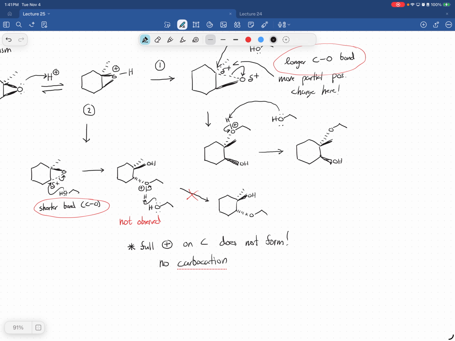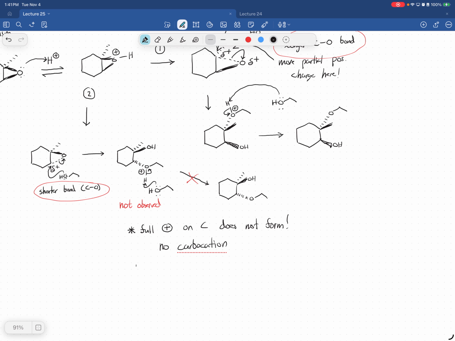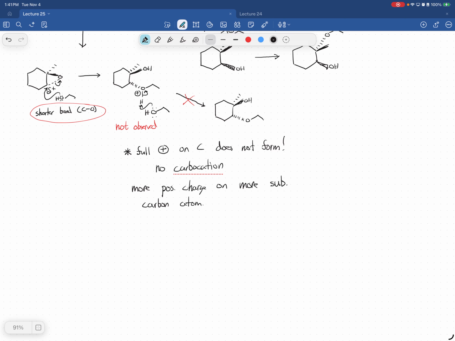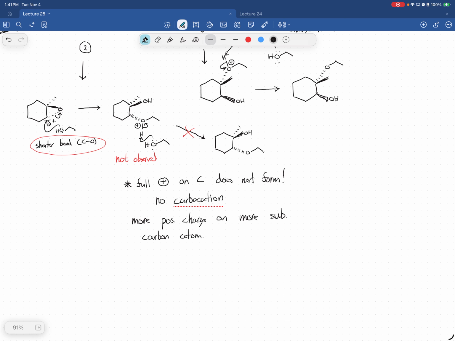So the key point here is that there's more positive charge on the more substituted carbon atom. So that's the selectivity we see.